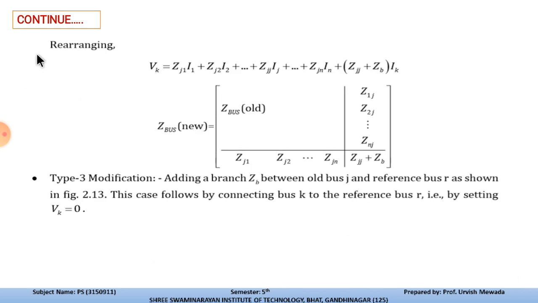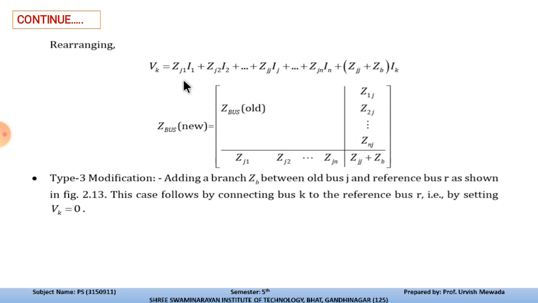Now we are rearranging the previous Z bus that we formed in step number 1. So Vk is equal to this formula that we derived in the previous slide. Z bus new will become Z bus old, which we already have from modification number 1.